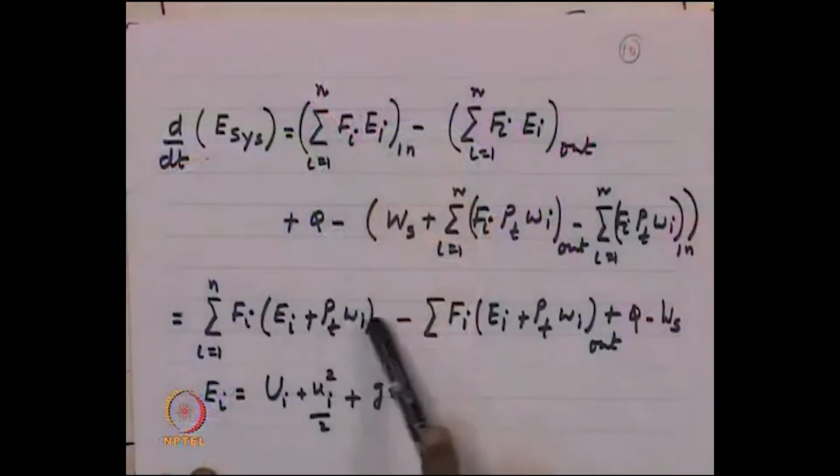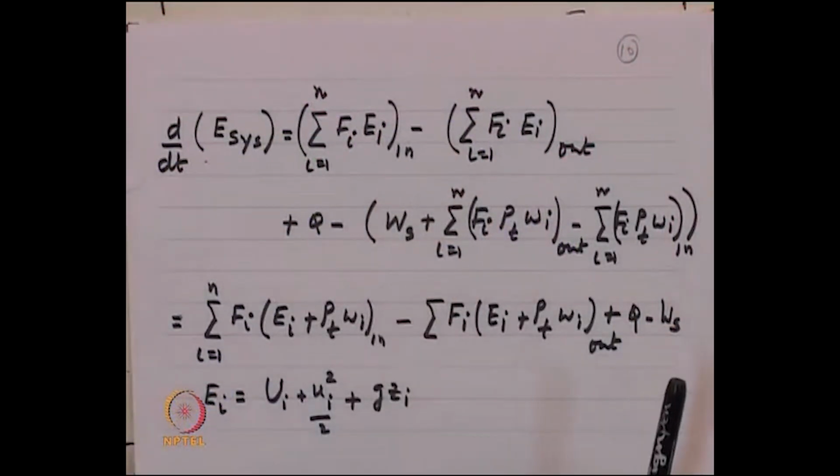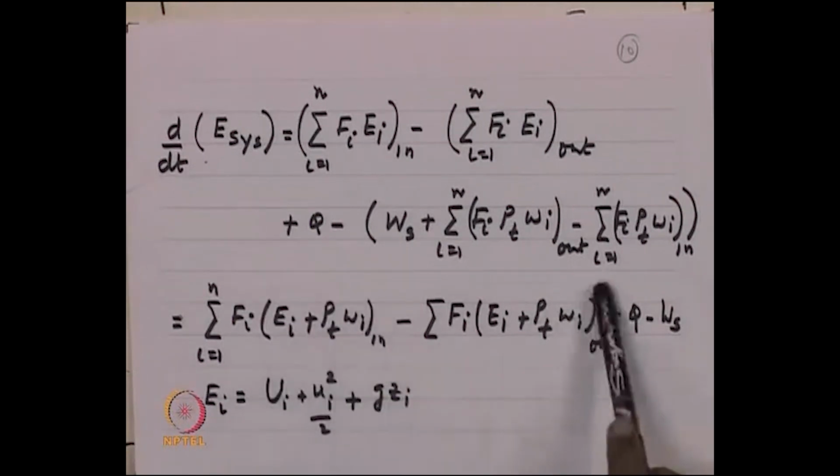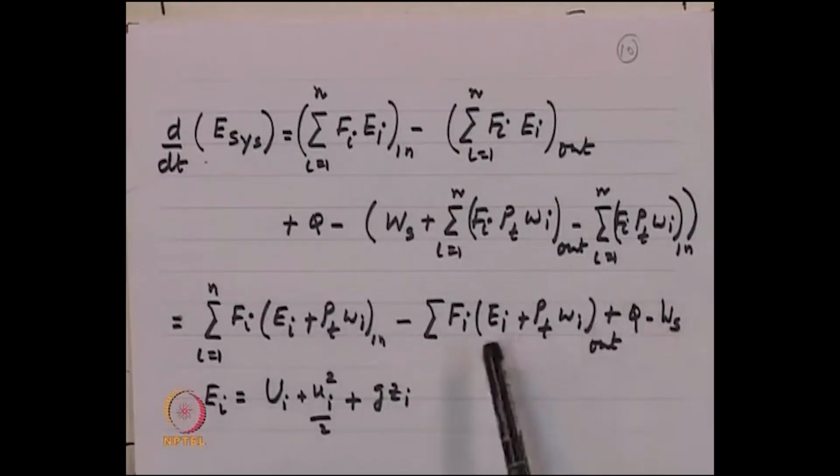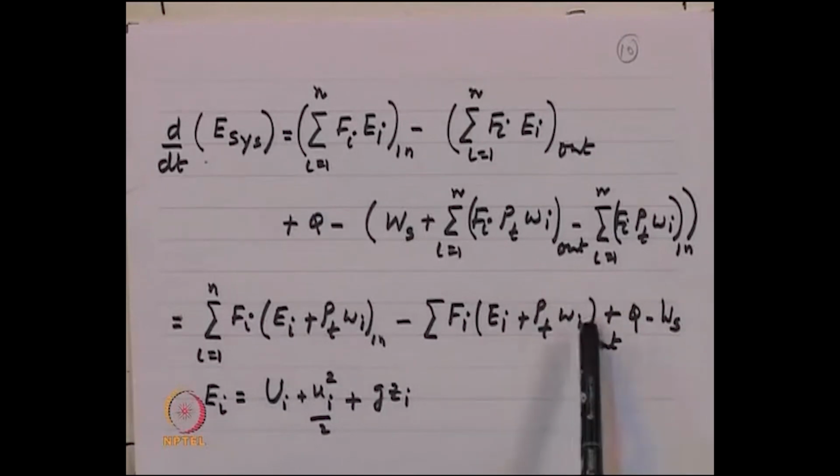We have put E I and P t omega I together because of the advantages that it will give us. Just like we have done for the inlet term, you can do the same thing for the outlet term, where F I is multiplied by U I plus P t omega I. So, what is it that we are saying?